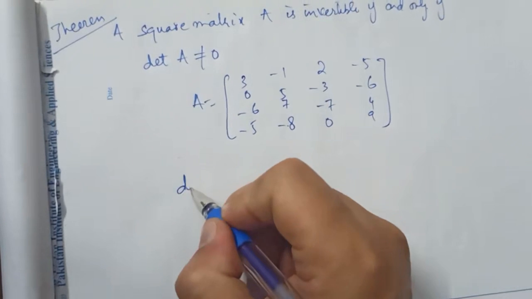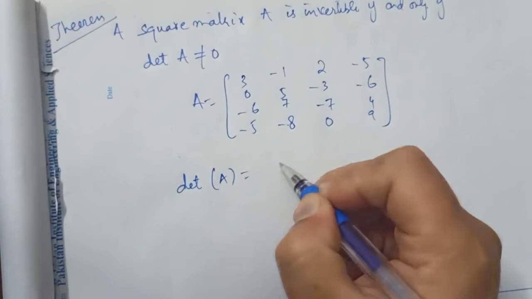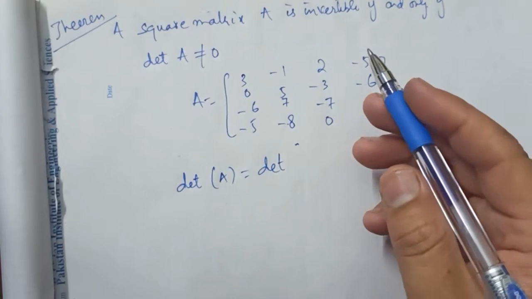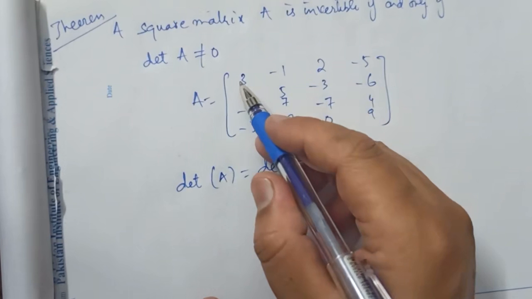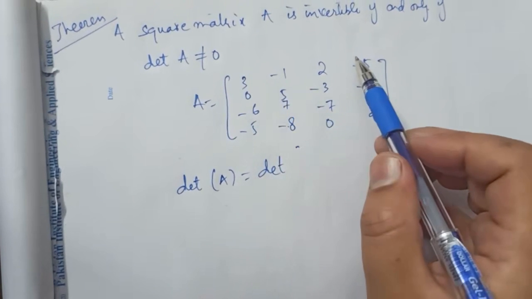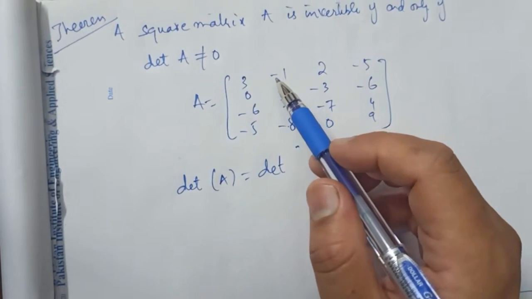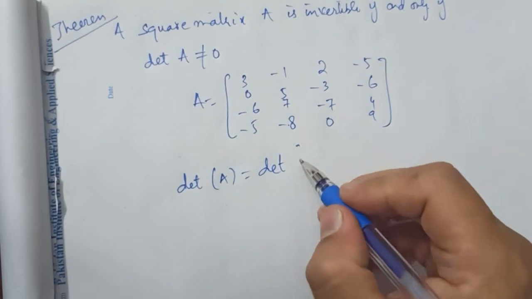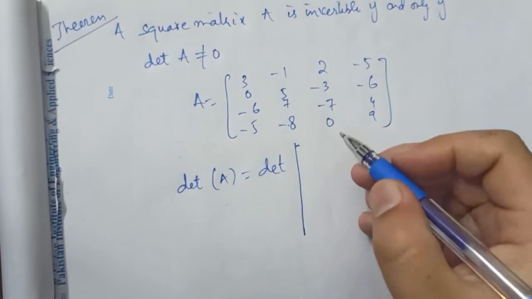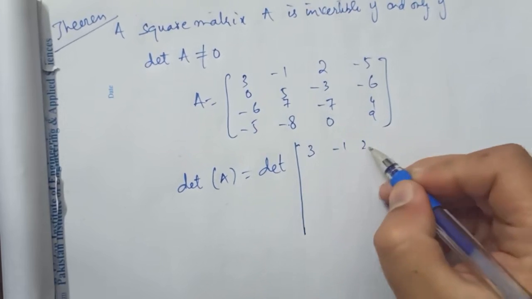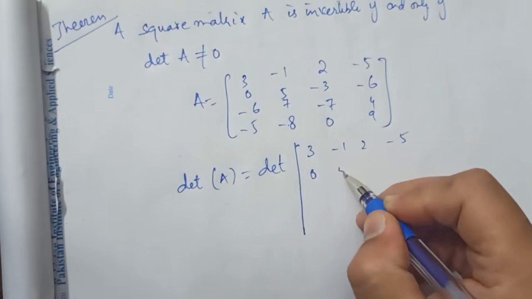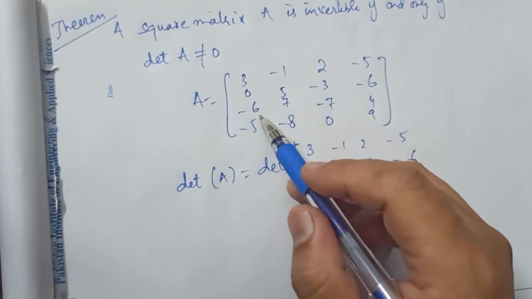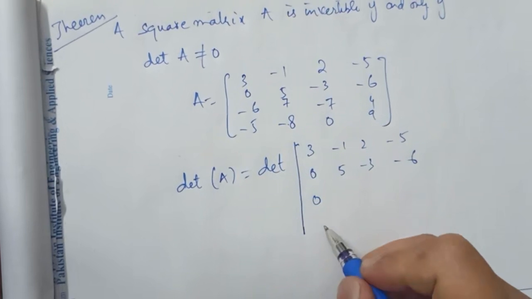What I can do is take this first row, multiply it by 2 and add it to this one. So that becomes 3, -1, 2, -5, 0, 5, -3 and -6. And when I multiply by 2 and add it here, that becomes 0.